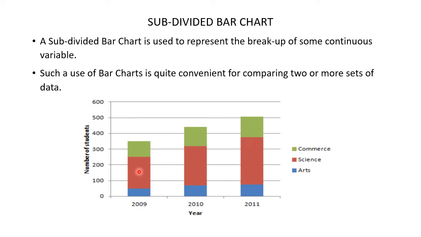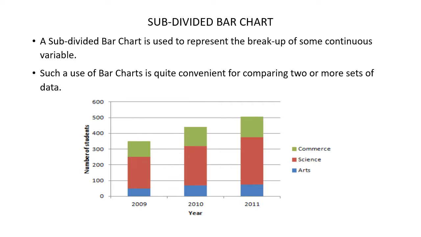Now this brown color indicates the number of students studying science in the year 2009. Now don't make the mistake of assuming that since this brown color ends at the number 250, there are 250 students studying science in the year 2009.